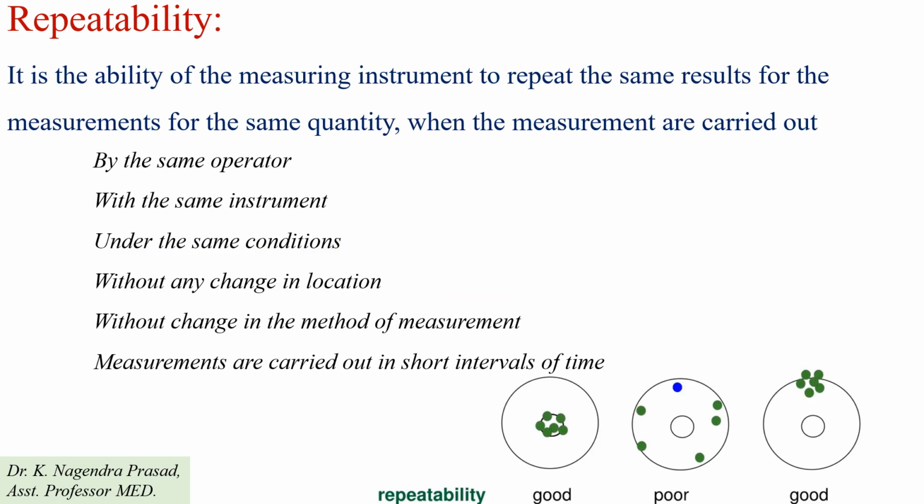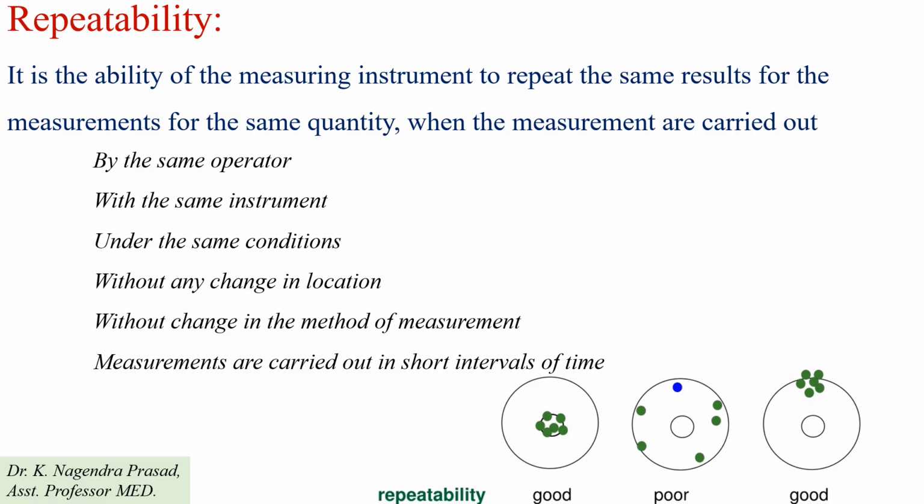Next one is repeatability. Repeatability is the ability of the measuring instrument to repeat the same results for measurements of the same quantity.